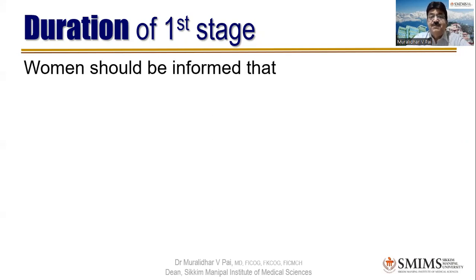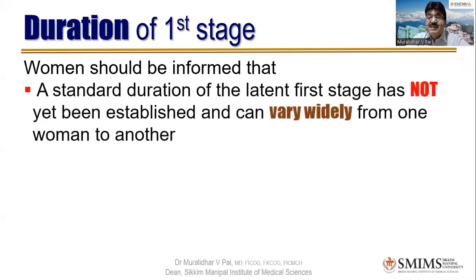Women should be informed that a standard duration of the latent first stage has not yet been established and can vary widely from one woman to another. That's what I said. It can be few hours to couple of days. This has to be clearly mentioned.